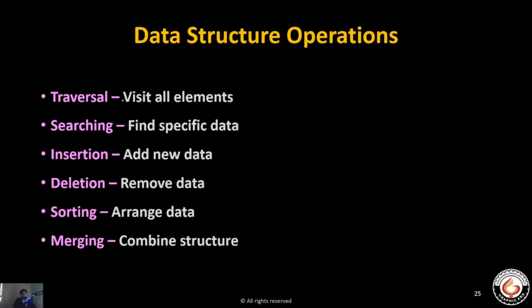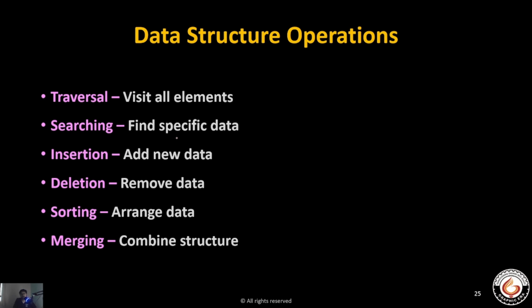Traversal. Traversal means visiting all elements only once. Okay, which means if we have an array 1, 2, 3, then we are going to 1 first, then going to 2, then going to 3. That's the traversal. Okay. Now we will know about searching. So what do you mean by searching?